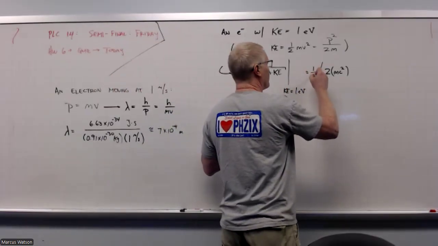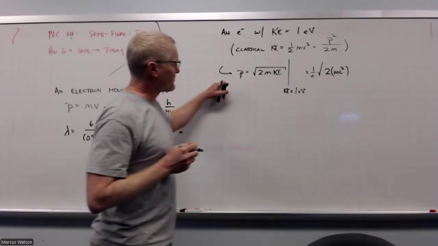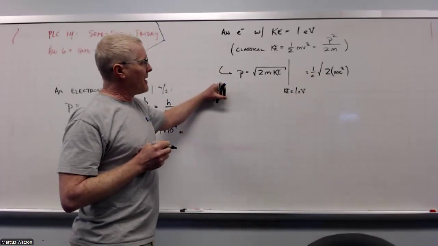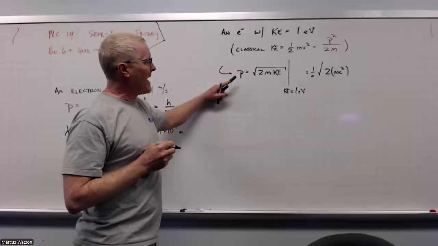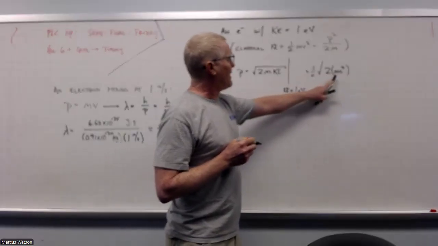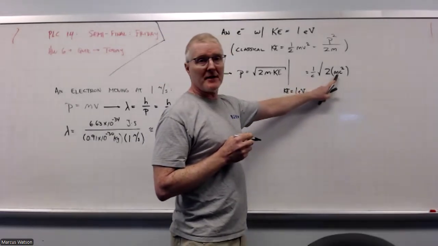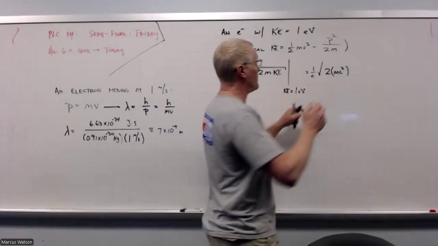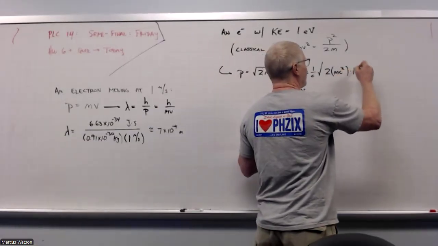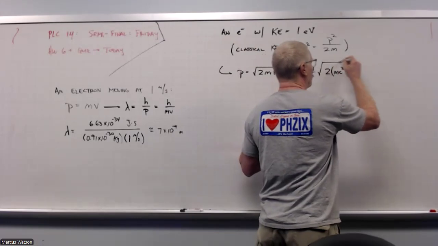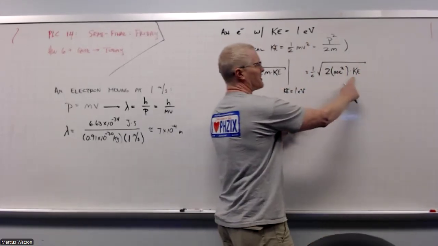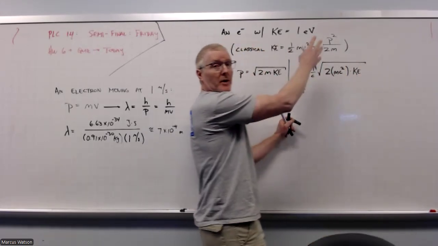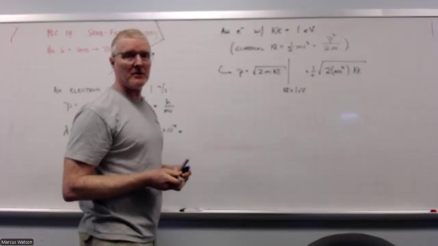Then I'm going to have the rest energy of the electron in electron volts, and the kinetic energy of the electron in electron volts. So it's electron volts squared, square root of that.